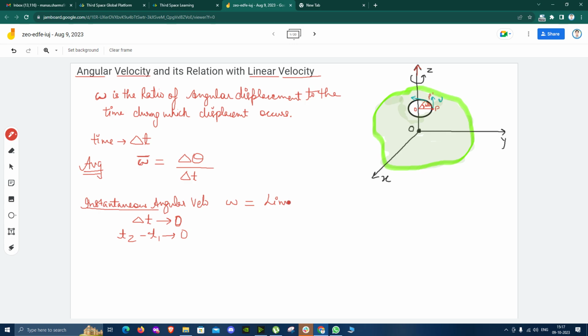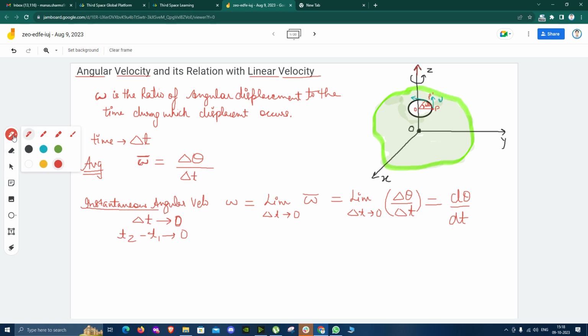We have to take the limit delta t approaching 0 of delta theta by delta t. When you take the limit of delta theta by delta t, it is actually d theta by dt. This is the instantaneous angular velocity, d theta by dt.